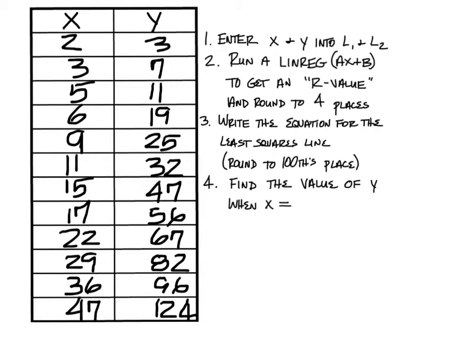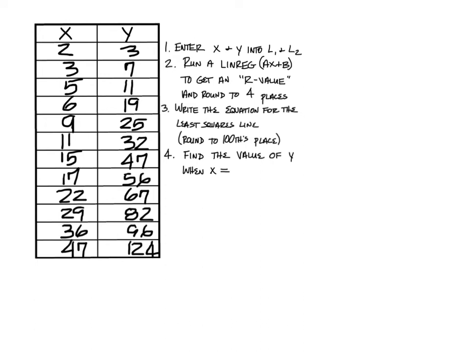And in that list, you should see linear regression AX plus B. And that's the one you want to highlight and hit Enter. Now your screen will not look like mine if you have the TI-84. Mine just comes up linear regression AX plus B, but yours has a menu. And I can write it over here to the side of this problem.